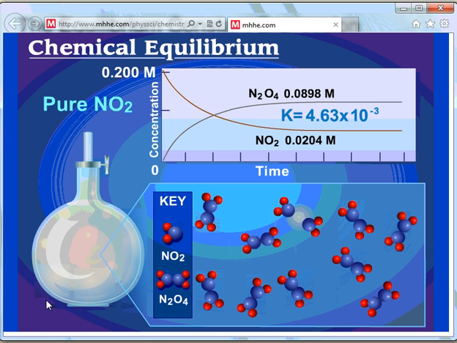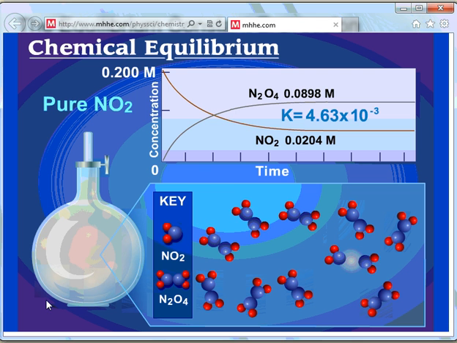All right, I'm just going to interrupt the speaker there. Notice that in this situation, when we look at the graph, these numbers are not just made up. The N2O4 concentration, if you have a calculator, you can verify something for me. Its concentration started at 0.2 molarity, and it dropped to 0.0898. So if you take the difference, 0.2 take away 0.0898, you can see that the N2O4 dropped by 0.110 molarity.